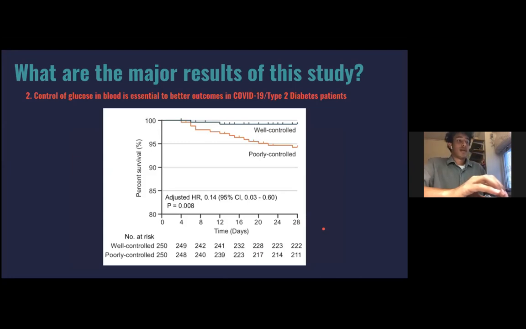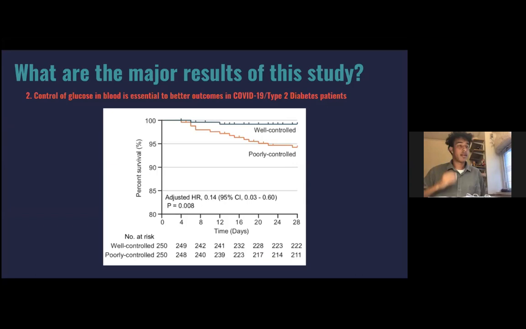Okay, so the next thing I'm going to present is this graph, which I think really encapsulates the result that controlled glucose is really important to good outcomes in COVID-19 and type 2 diabetes patients.